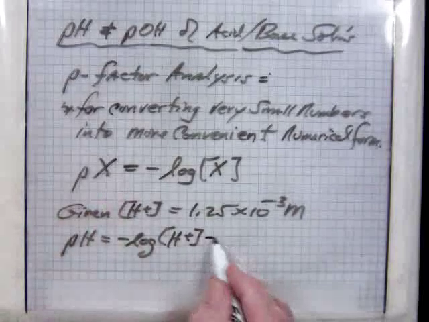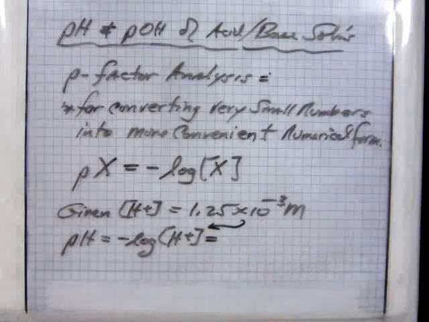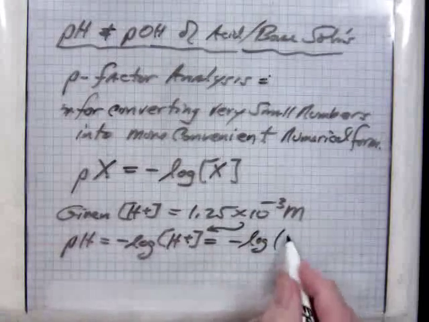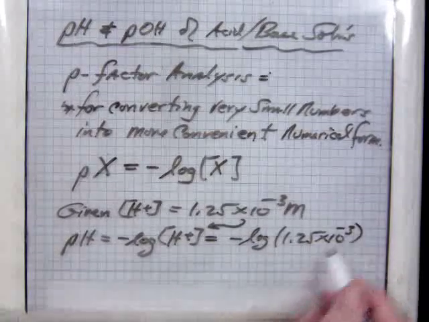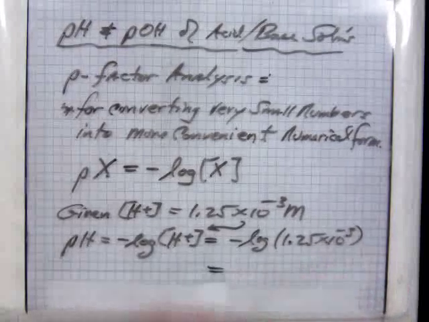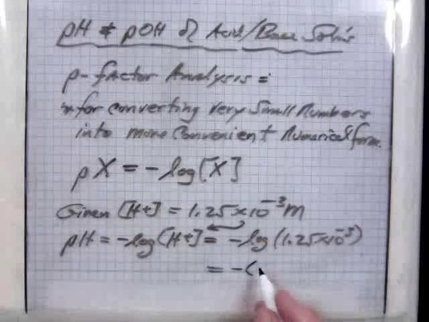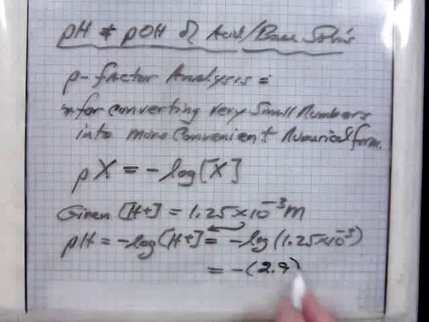And so we substitute 1.25 times 10 to the minus 3 into the concentration point. It's minus log 1.25 times 10 to the minus 3. And we'll punch that in the calculator and just hit the log button. It will come out as a minus 2.9. Just leave it at that, 2.9.